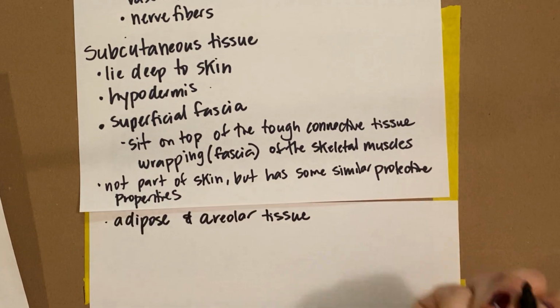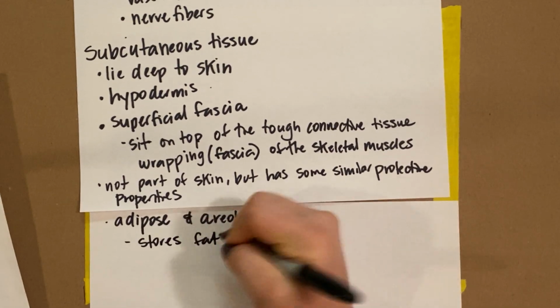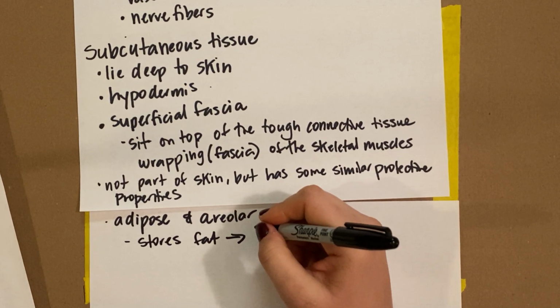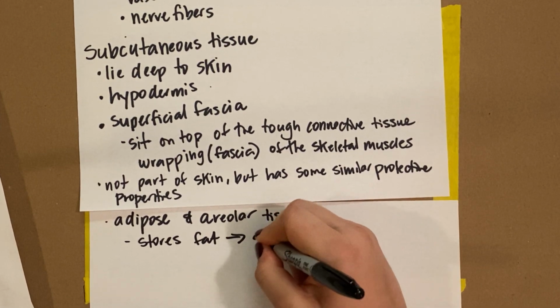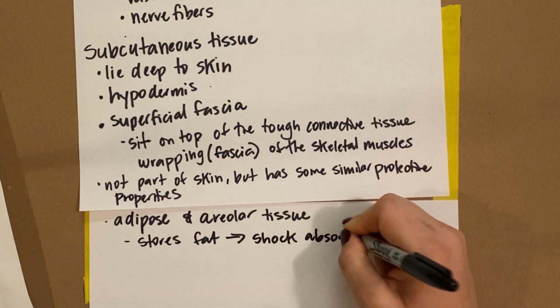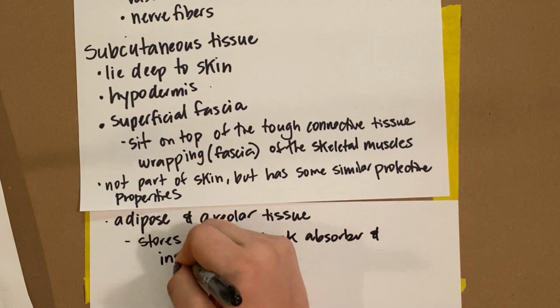Okay, so that's where the adipose comes in. So it stores fat. And the fat will actually have a second purpose of acting as a shock absorber, and it also acts as insulation.